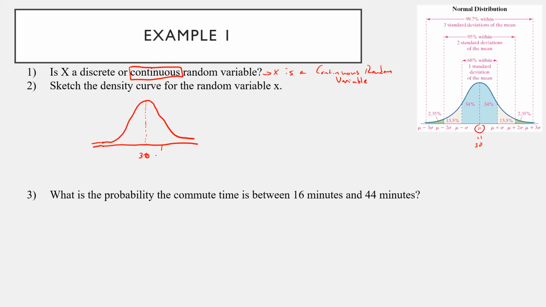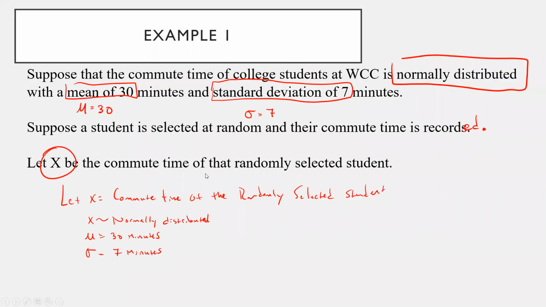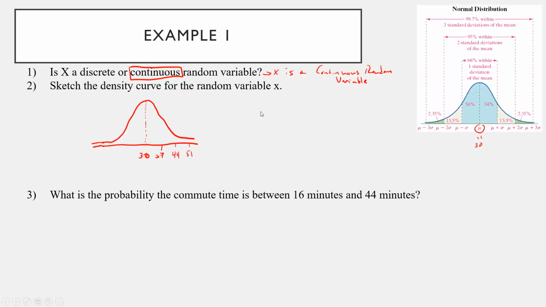So I would take 30 and I would add 7, I would get 37. I would add another 7, I would get 44. And then I would finally add another 7, and I would get 51. Does everybody see what I did there? I just took the mean and I added the standard deviation 3 times. Does that make sense, what I did there? Okay, I got 1 yes.